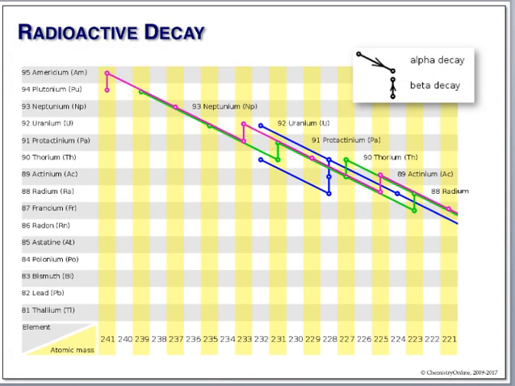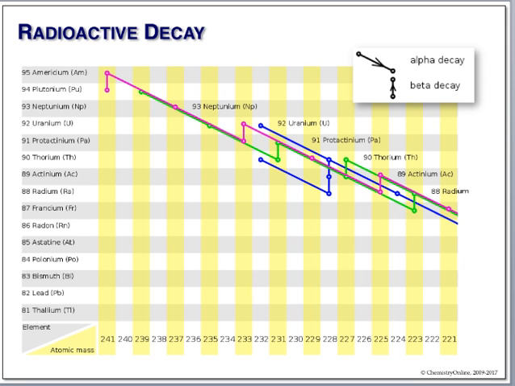All right, we talked about radioactive decay. We've done uranium and thorium and all of those guys over and over again. That's because as these things decay, they can emit alpha particles, which will decrease their mass, and beta particles, which will increase their atomic number.